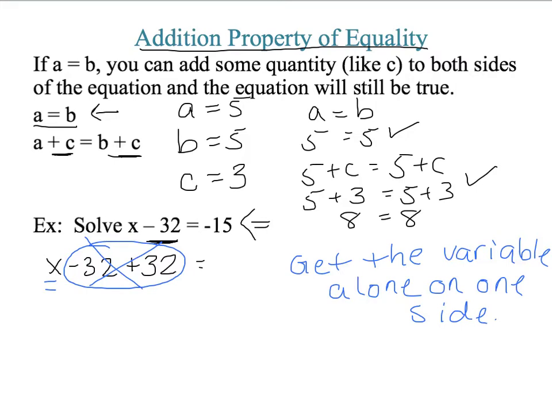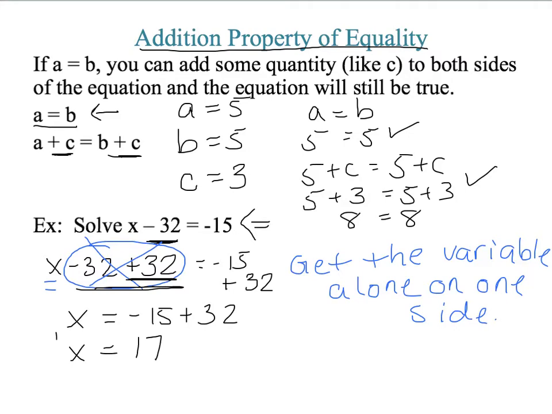So then you would have x equals negative 15, and since you added 32 to this side, we also have to add 32 to this side, because that's what our addition property of equality tells us. So now we don't have this section anymore, so we have x equals negative 15 plus 32, and that says x equals 17. And that's your final answer.